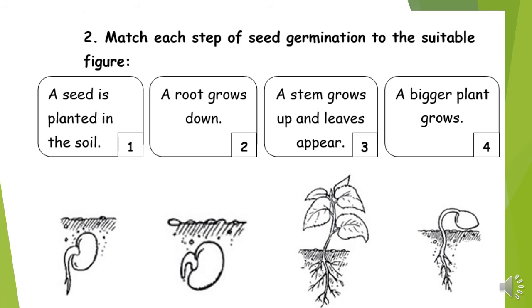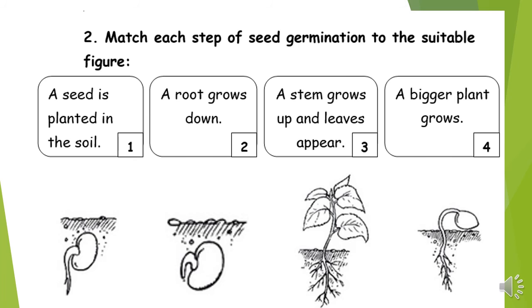A part which is found above the soil, called the stem, started to appear. Now let us match each picture to its sentence. The first picture, do I see stem or do I see root? I see root. So which sentence is this one? Is number 1, a seed planted in the soil?